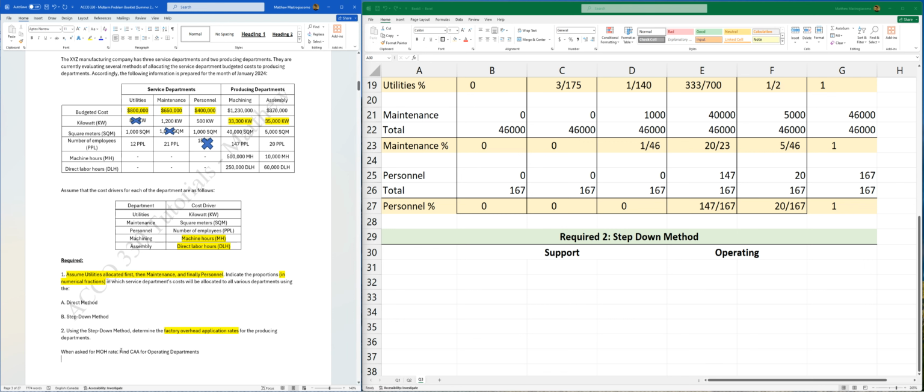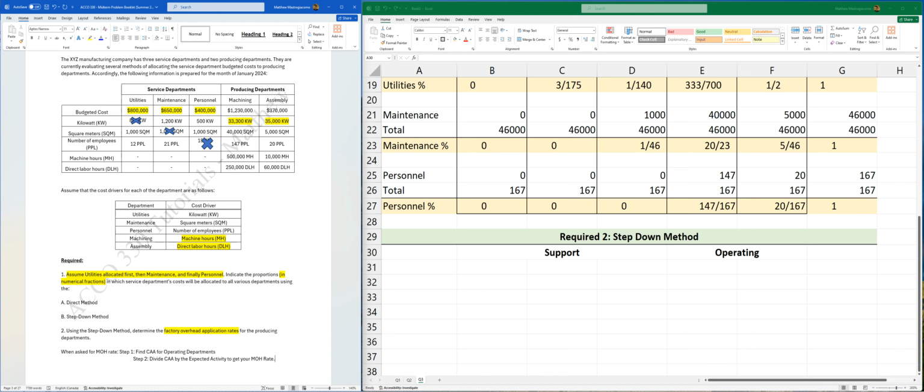Step 2 is very straightforward: divide the cost after allocation by the expected activity to get your MOH rate.